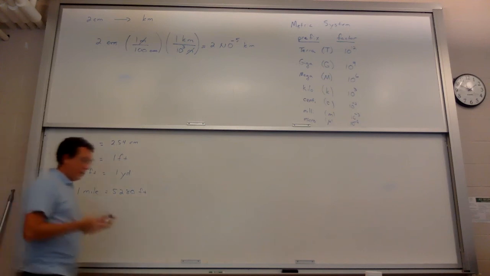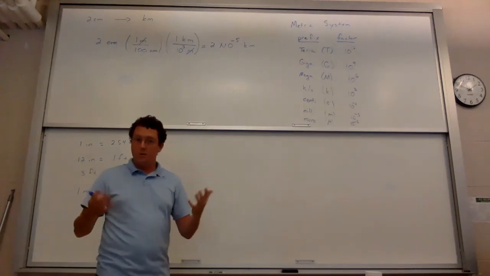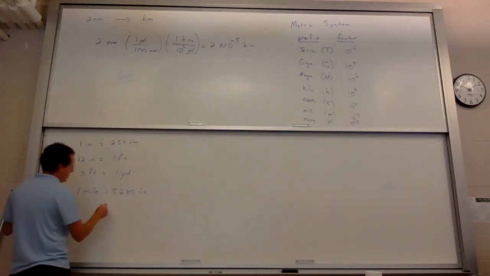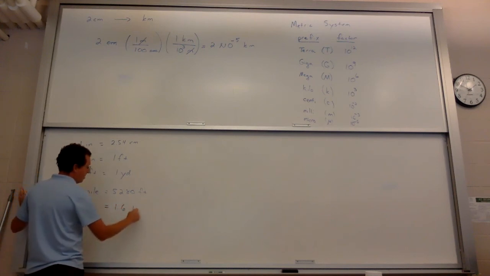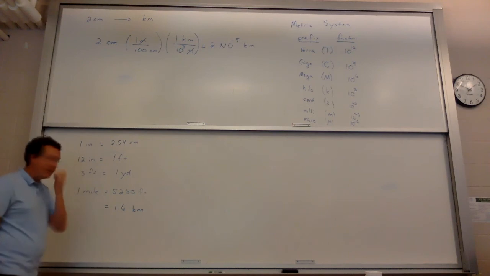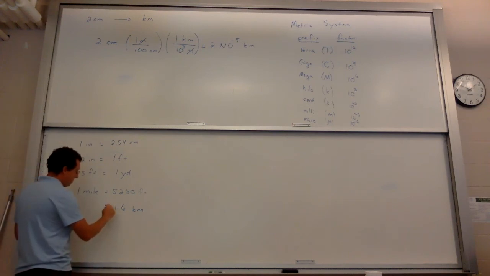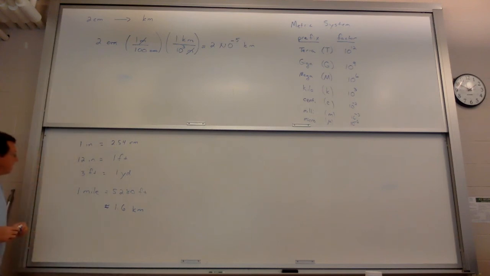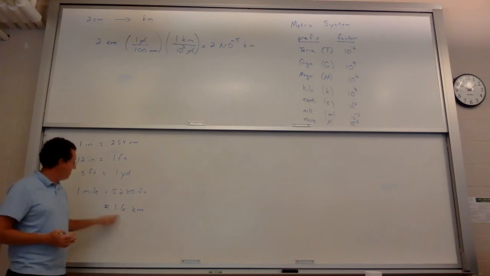Now, it turns out, to 2 digits of accuracy, so roughly, approximately, I can say that a mile is 1.6 kilometers. That's not exact. It's approximately true. So maybe I should put a squiggly equals. When we're solving problems in class, it's more than sufficient just to remember 1.6.